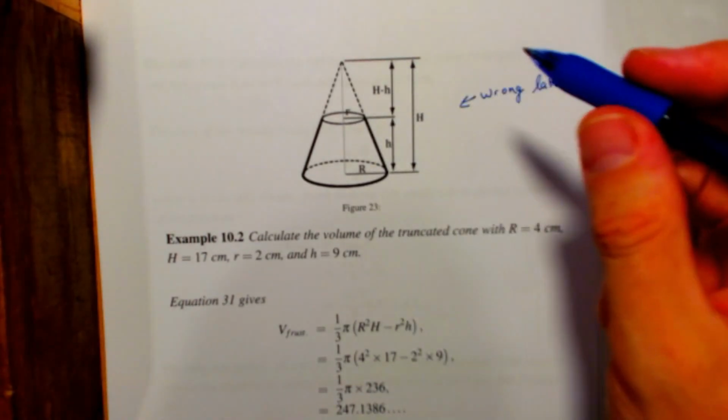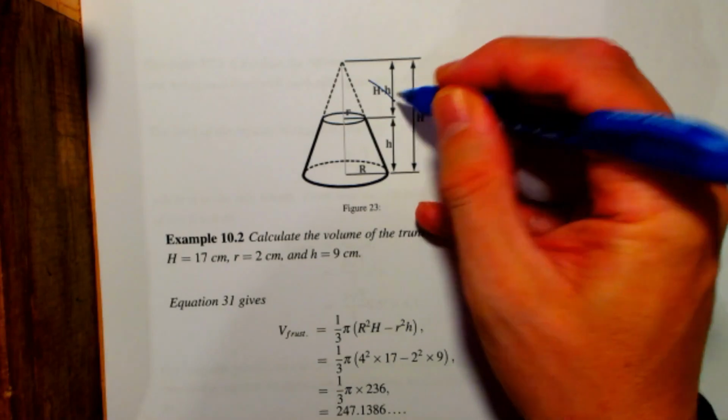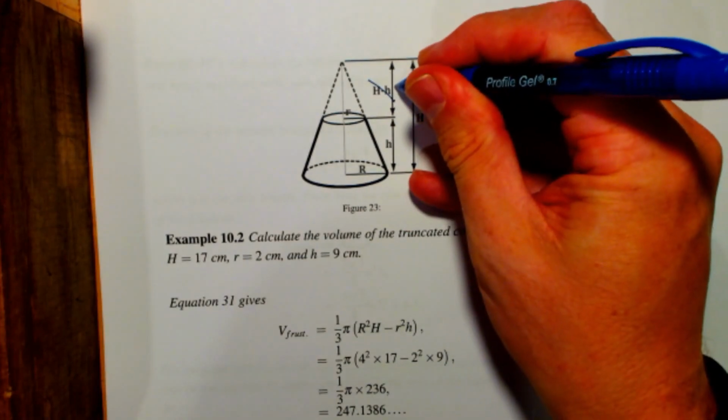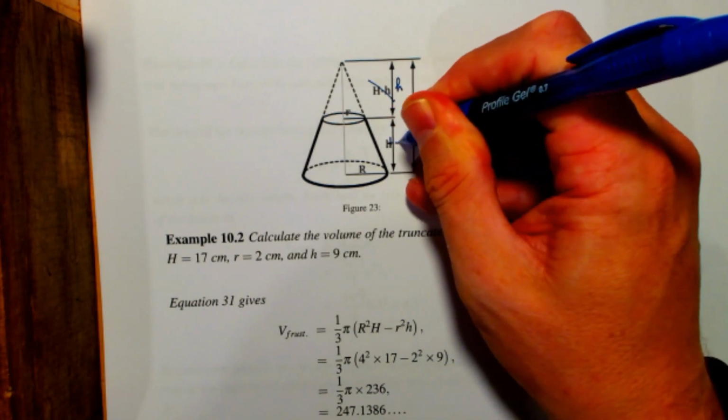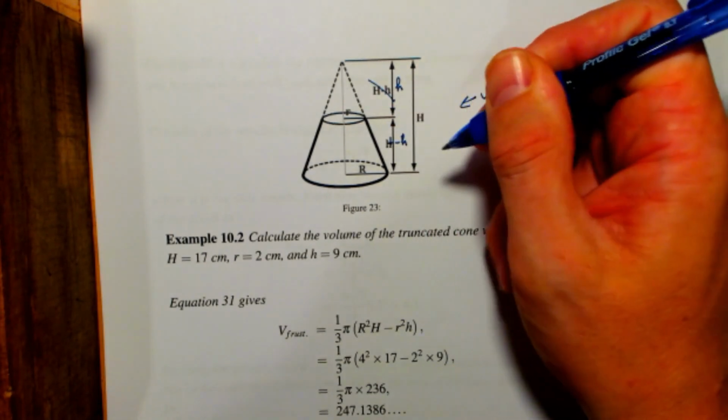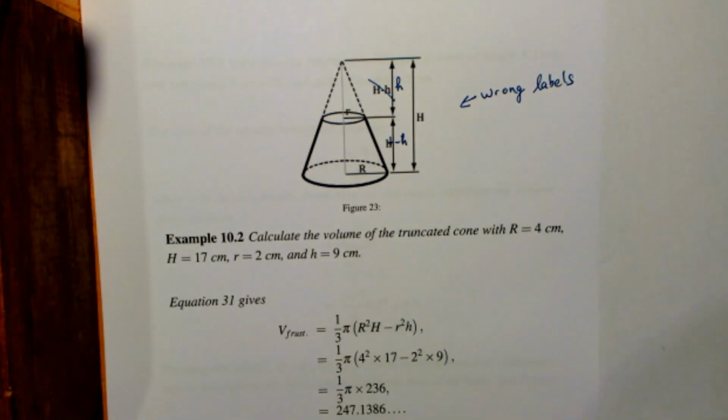So I would have to cross out this and call this one lowercase h, and then this one is H minus lowercase h, in my way of calculating that. So I have a feeling that Lauren used the other labels in her video.